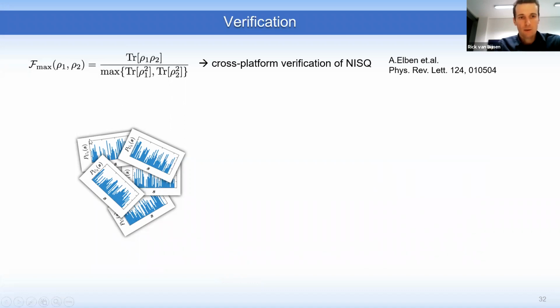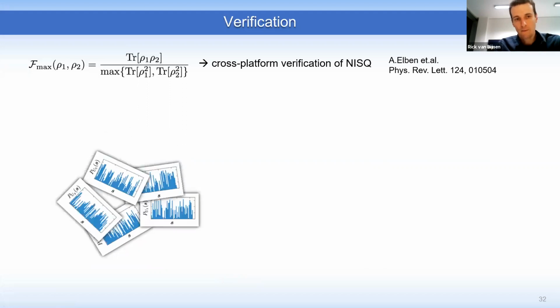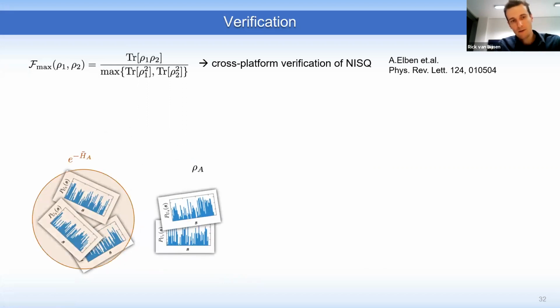So what we do now is we split this data set into two. One half of the data set I use for computing my entanglement Hamiltonian, or fitting, or doing our entanglement Hamiltonian tomography, determining the parameters. This now gives me a density matrix on my computer in this case.